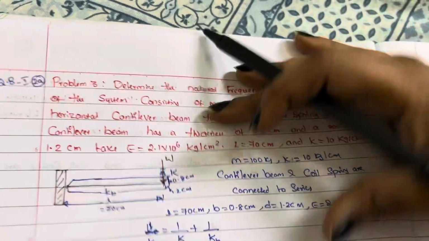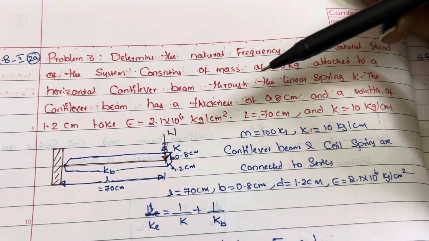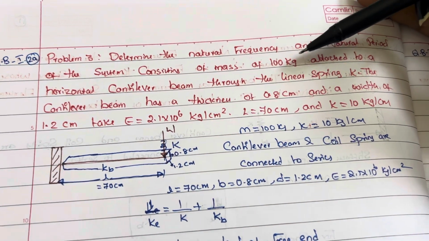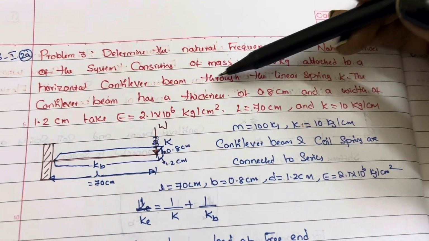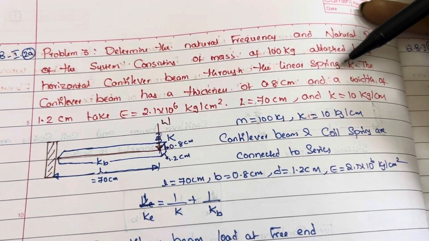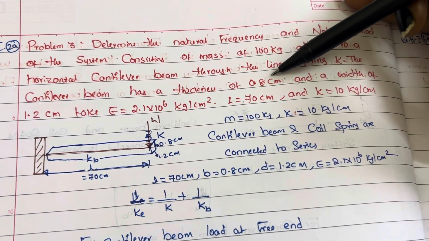In the next one, the same mathematical model can solve this problem. Determine the natural frequency and natural period of the system consisting of a mass of 100 kg. They have given the m value, attached to a horizontal cantilever beam through a linear spring K, and the cantilever beam has a thickness of 0.8 centimeter.